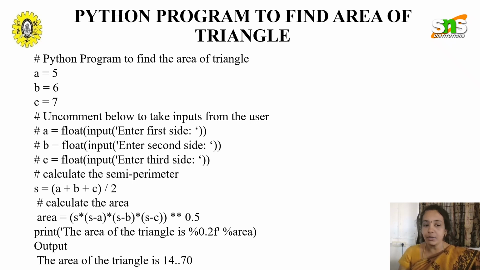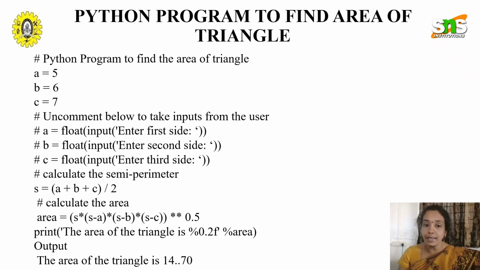These three lines of code are not used in this program because they are commented with a hashtag. So S is equal to (A plus B plus C) divided by 2, which determines the semi-perimeter, and then area is equal to S multiplied with (S minus A) multiplied with (S minus B) multiplied with (S minus C), power 0.5.